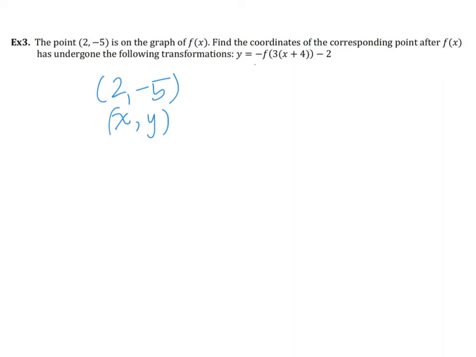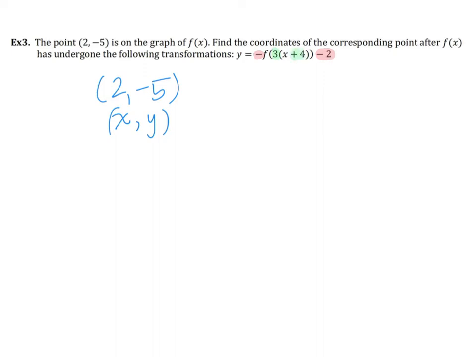So these are the transformations that the original function is going to go through. We have transformations that are going to impact the vertical movement of this point, and transformations that impact the horizontal movement of this point. Remember, anything on the outside of the parentheses is associated with vertical movement.